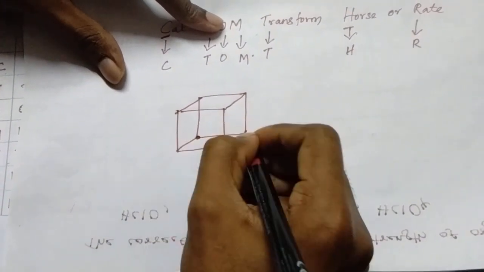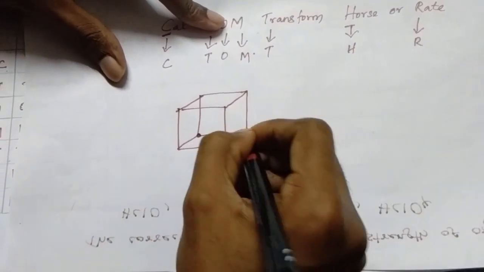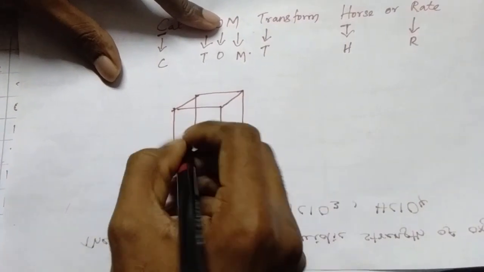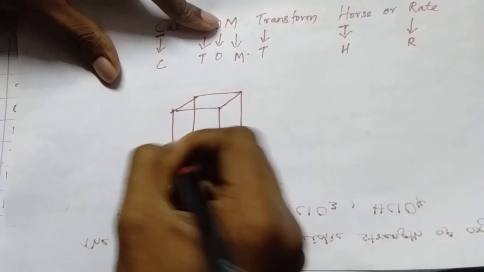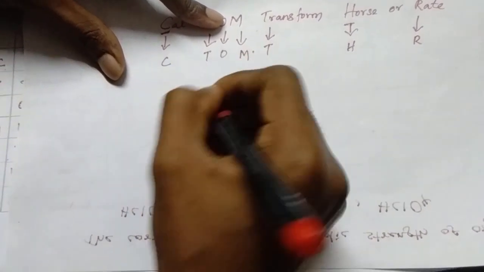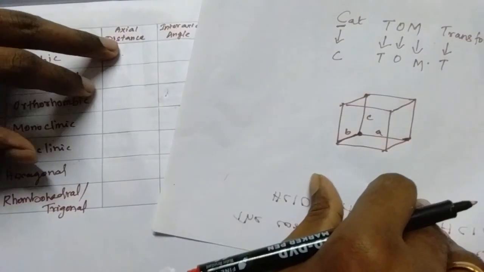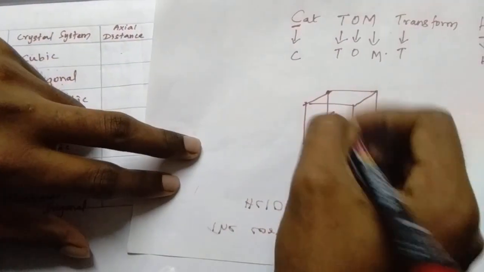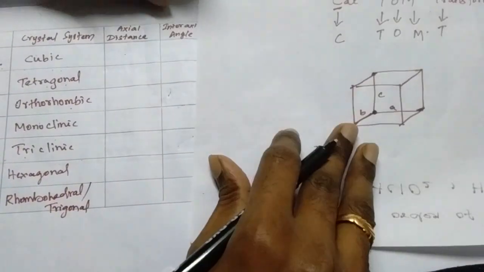This is the origin. Up to this distance is A, this distance is B, this distance is C. That is the axial distance.